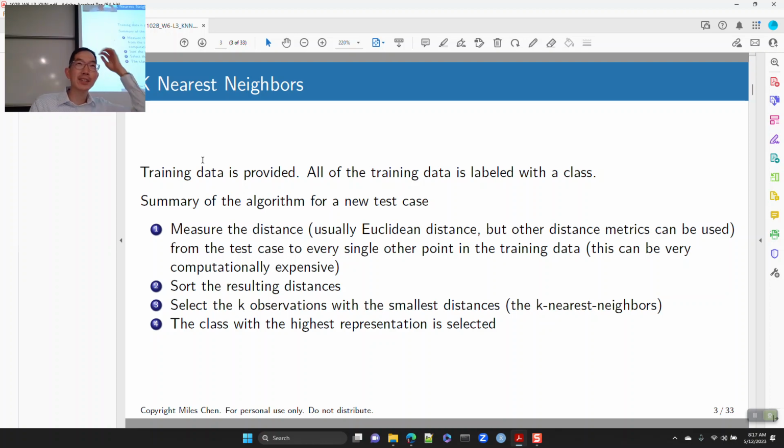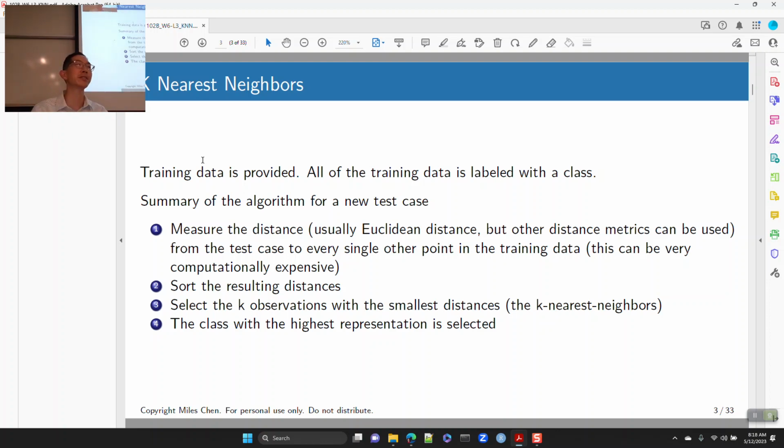But as data has gotten bigger and bigger, the computational expense of K-nearest neighbors climbs with the size of your training data. So as your training data gets bigger, the prediction cost of K-nearest neighbors gets more expensive, and I would say that that's one of the reasons why it's fallen out of favor. But anyway, let's talk about how it works.